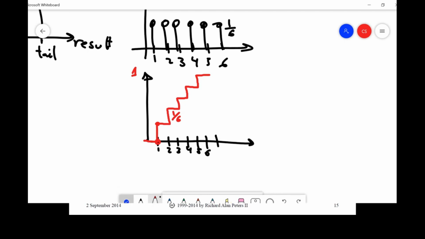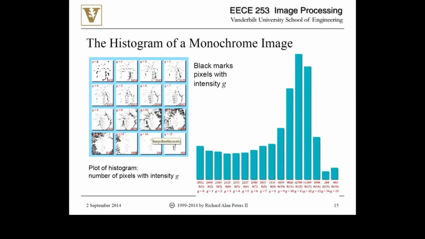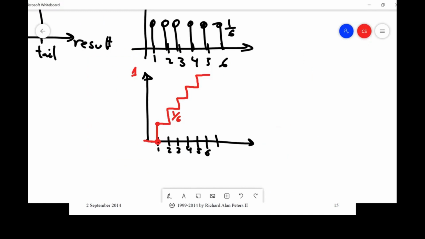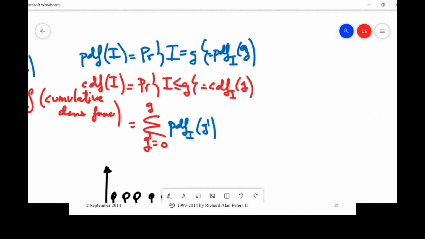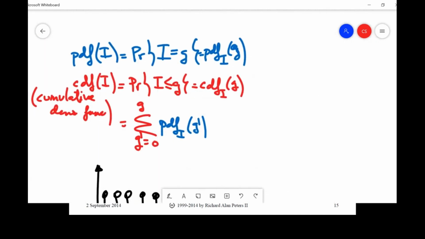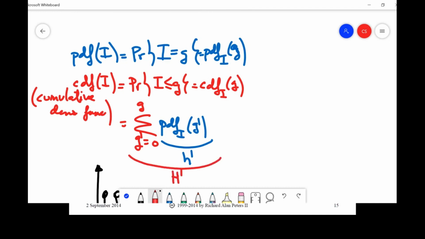Okay, I can do the same, but now instead of dice, I can use images. I can take this normalized histogram, I can add, and it will go up to 1. During the lectures, we will call this H prime. Sometimes we don't distinguish H or H prime, but today this would be H prime, and this would be H prime.